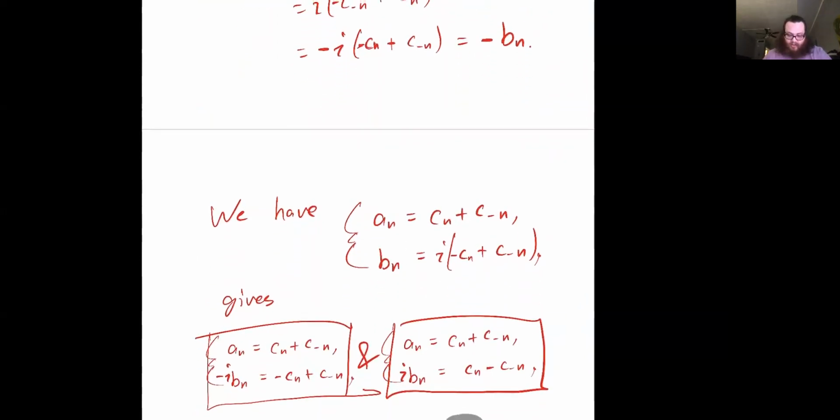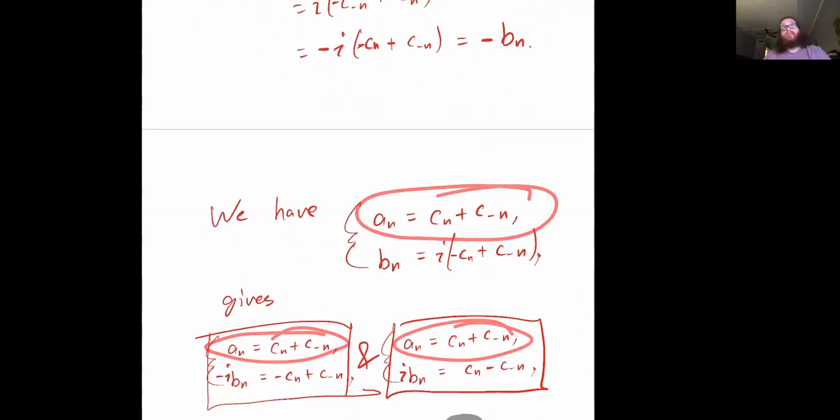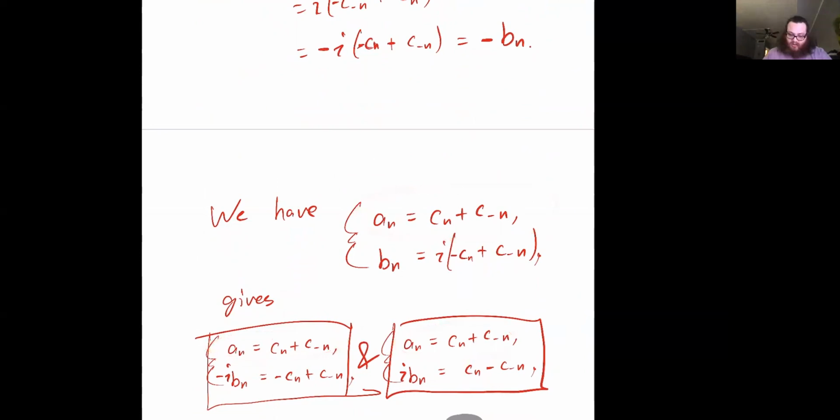Okay, so these two lines are just this copied. Here, what we've done is taken this and multiplied it by minus i. So it's going to give minus i b sub n times minus i squared over there. Minus i squared, that's minus minus 1, which is 1.